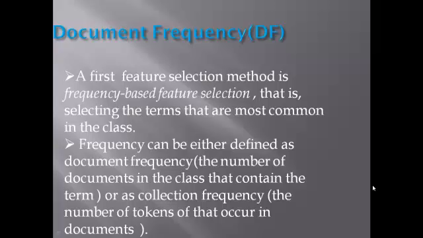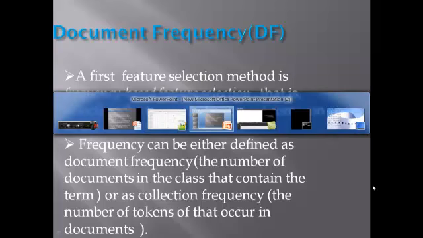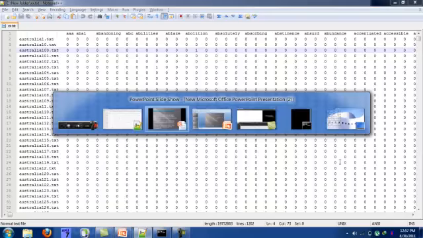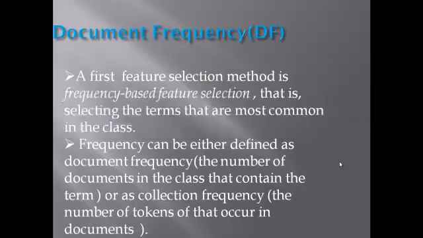The first feature selection method is frequency based feature selection, that is selecting the terms that are most common in the class. Frequency can be defined as document frequency, that means the number of documents in the class that contain the term. In the dataset, if the term is present in a particular document, it is represented with 1. If the term is not present in a document, it is represented with 0.